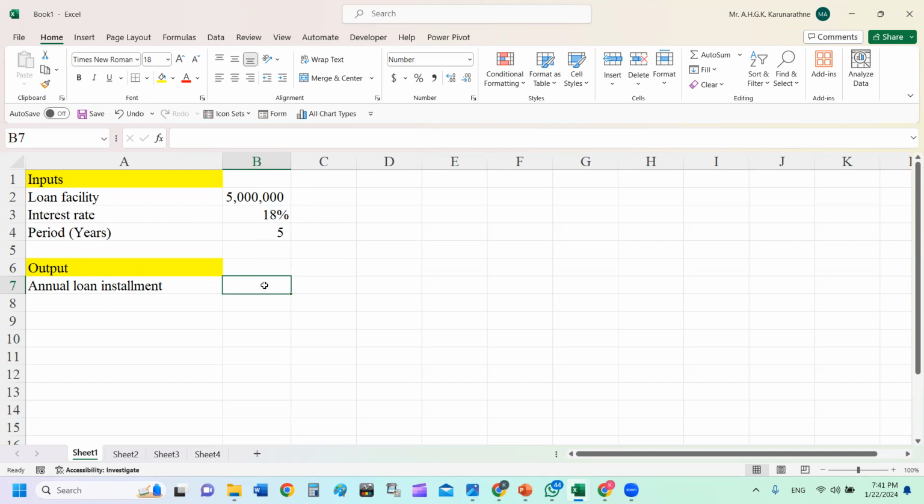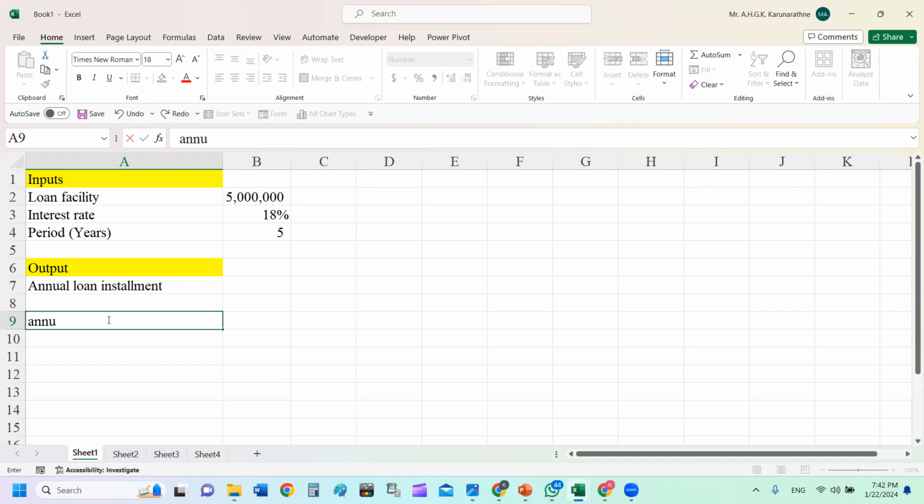Annual loan installment. Let me refresh your knowledge in finance. According to finance, if you want to determine the annual loan installment, it is very simple.